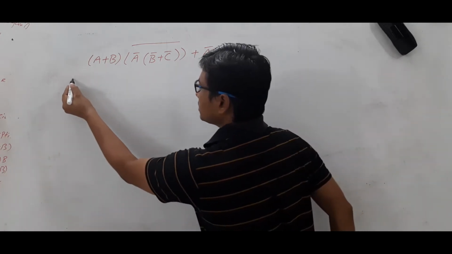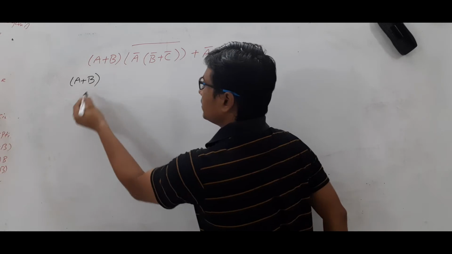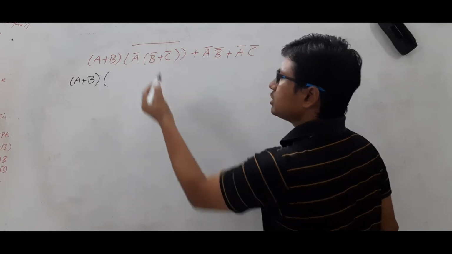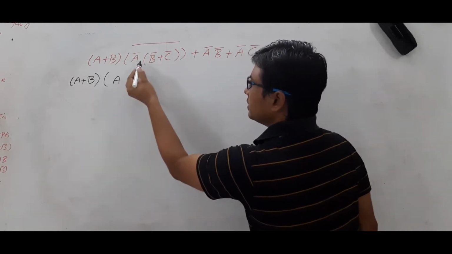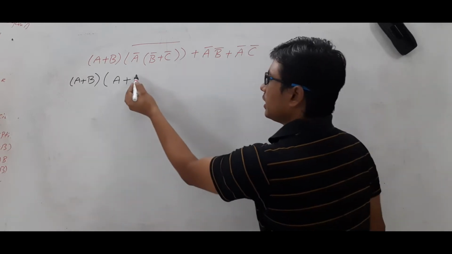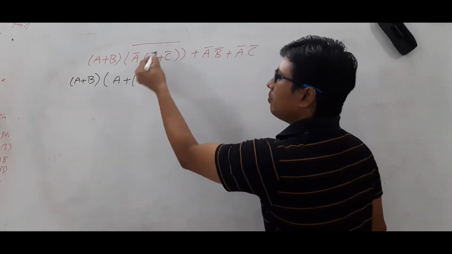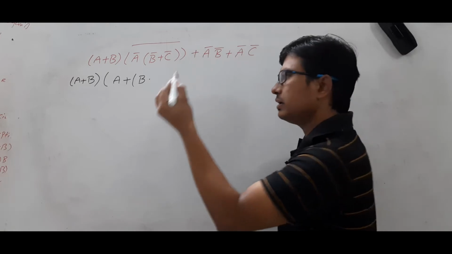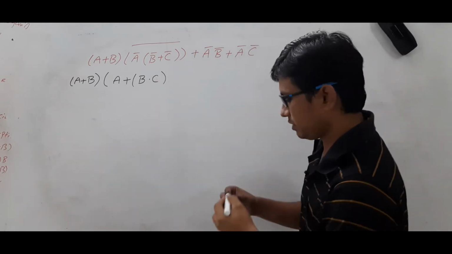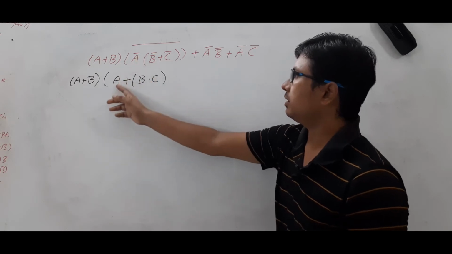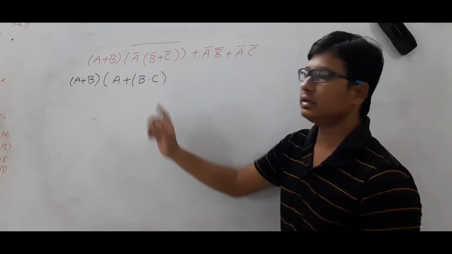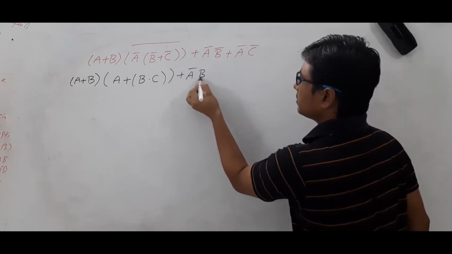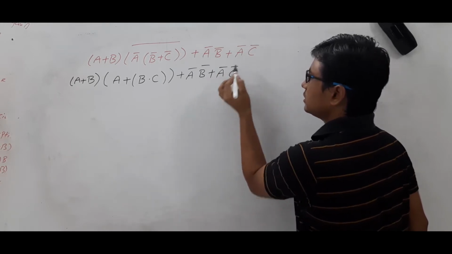If I apply De Morgan's law, I will get A + B. Then A' whole complement will become A, the AND will become OR, B' whole complement will become B, and C' whole complement will become C. So this equation is shifted to (A + B)(A + B + C)... and the remaining things we will keep like that: A'B' + A'C'.